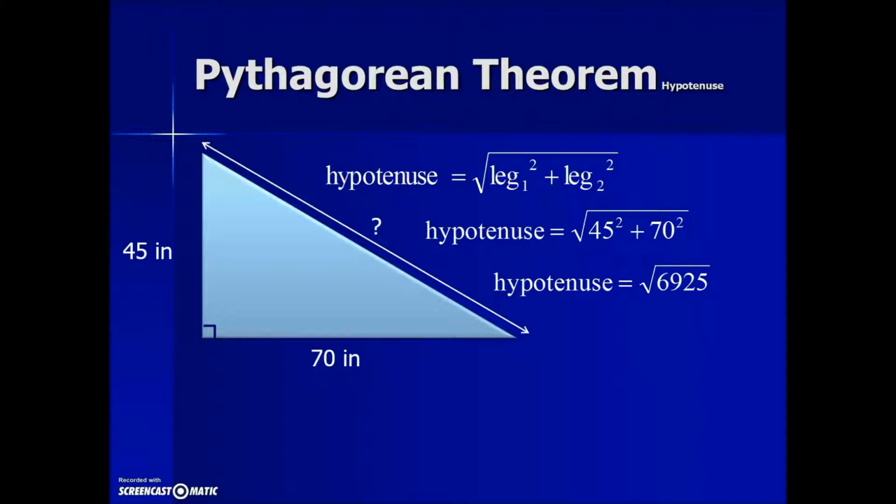Adding those two results together gives us 6,925. And the last step then is to take the square root of that sum, which will give us the hypotenuse. This is the longest length in a right triangle, and it should be longer than either of those leg lengths. 83.2 inches is the length of the hypotenuse for this right triangle.